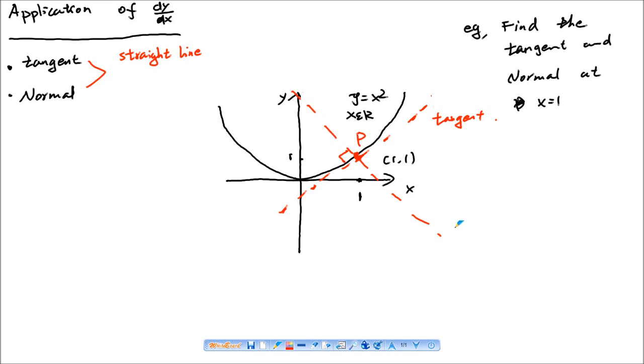We call it the normal. In math methods, you have to be able to find the equation of the line tangent and the equation of the line normal. So let me just write down the definition here.